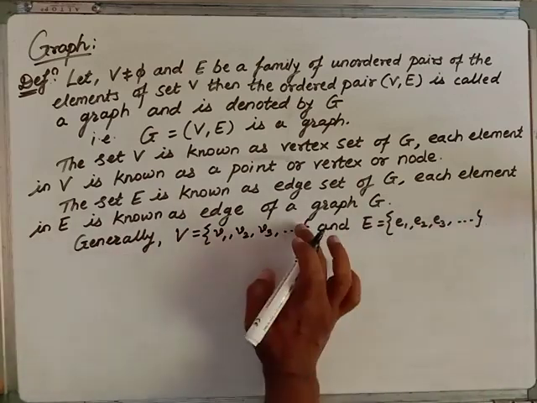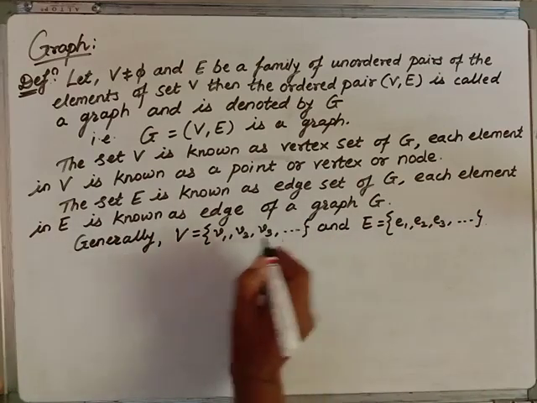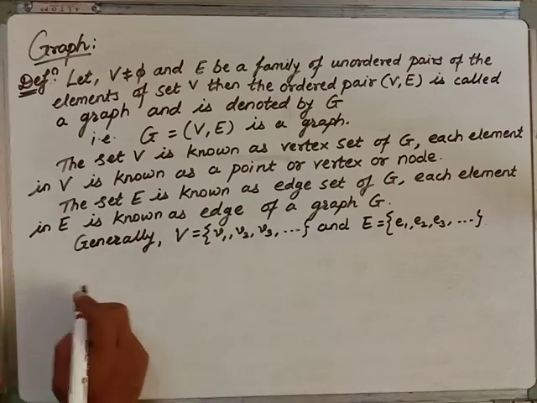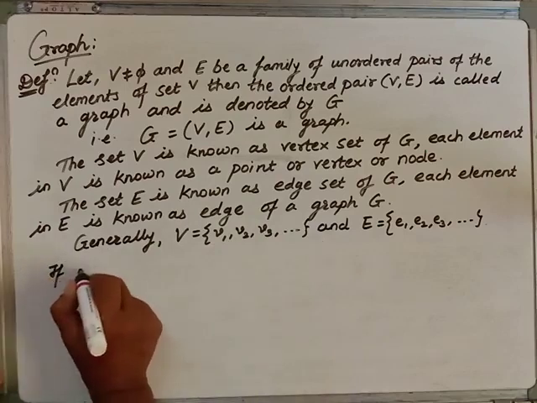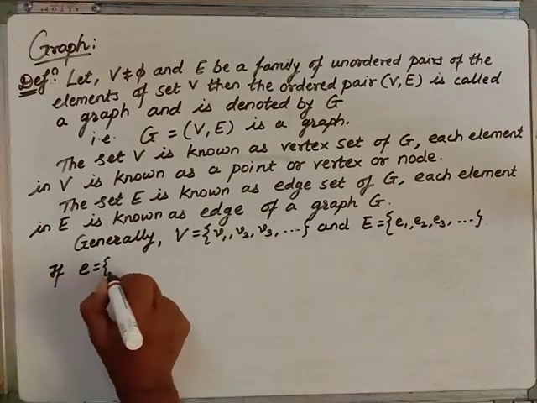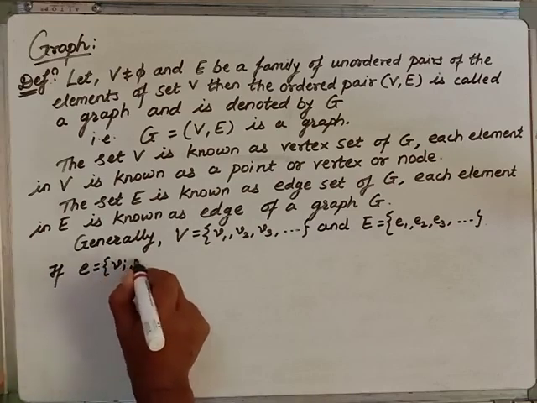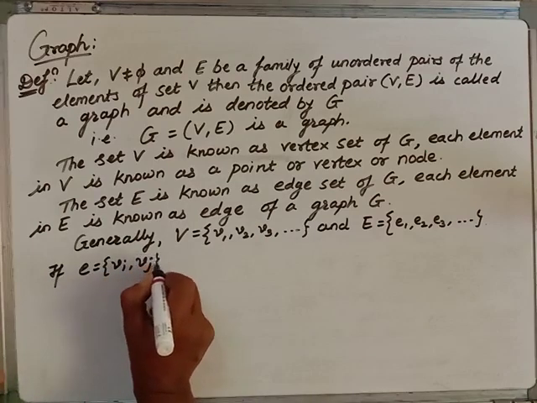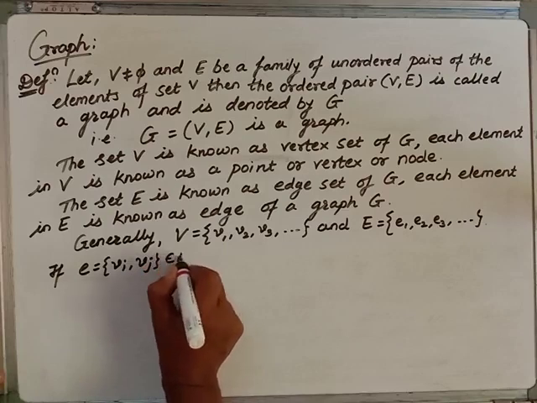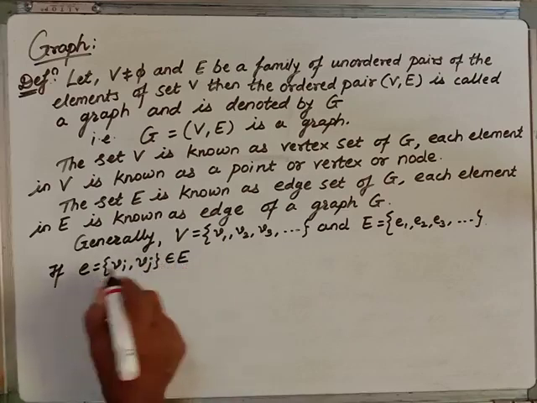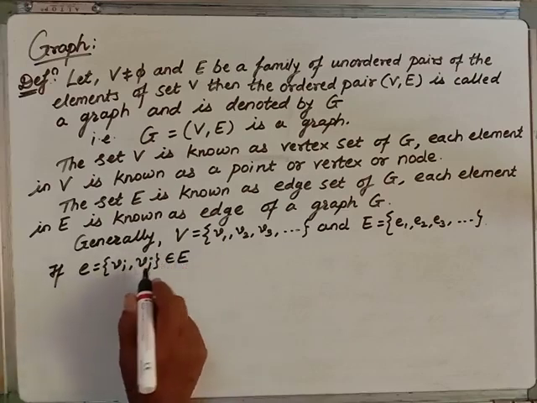These are the general ways. Suppose an edge E is (Vi, Vj), belonging to E.